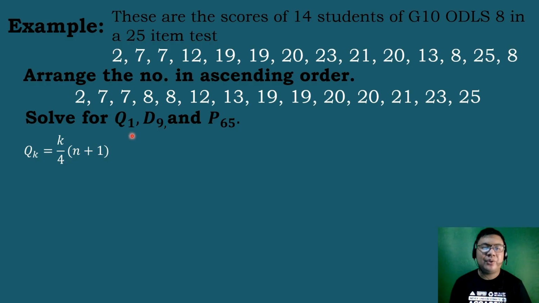If we are looking for quartile 1, all we need to do is to substitute the value of k, which is equal to 1, over 4 times n, which is equal to 14 because there are 14 students who took the exam, plus 1. We have 14 plus 1 is equal to 15, and then 15 times 1 is 15 divided by 4 will be equal to 3.75. So the position of the quartile is equal to 3.75.